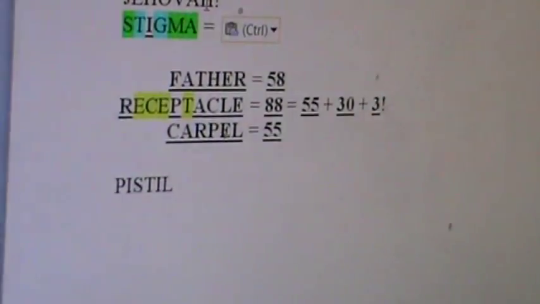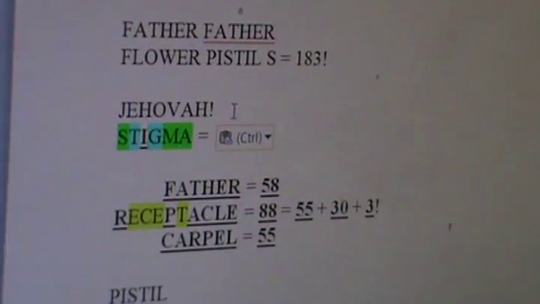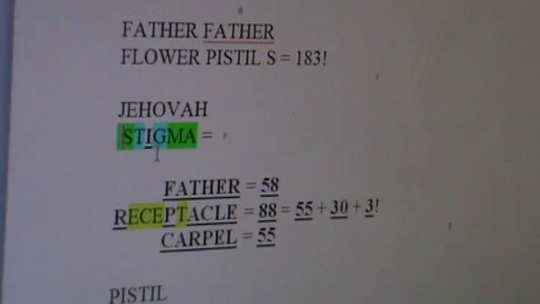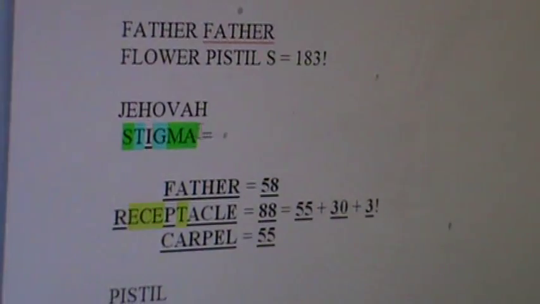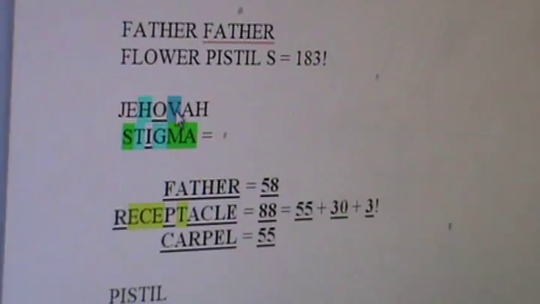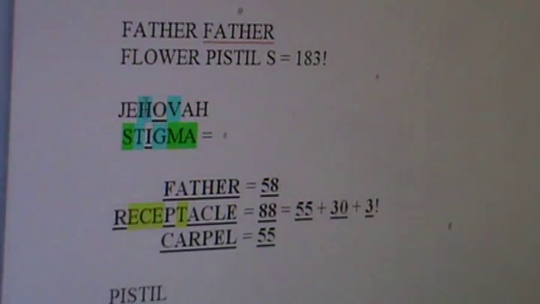Just take a deeper look. Stigma equals Jehovah. Central letter that divides by 3, flanked in letters that knit together. This is so cool, because HV equals 30, TG is 3 points less.